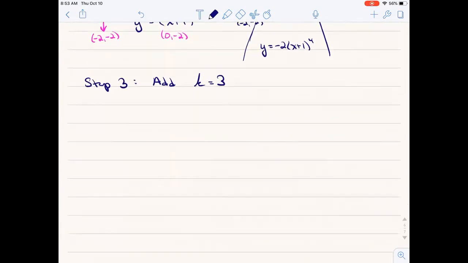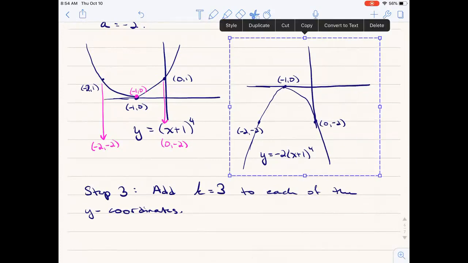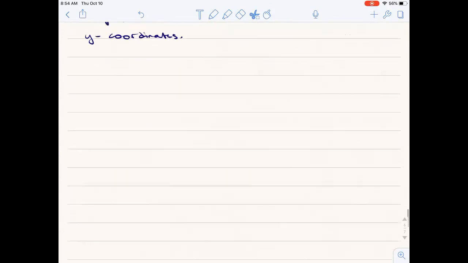So add k equals plus 3 to each of the y coordinates. So again, I'm going to, not so beautiful graph.